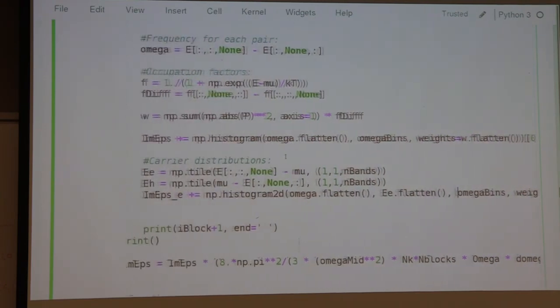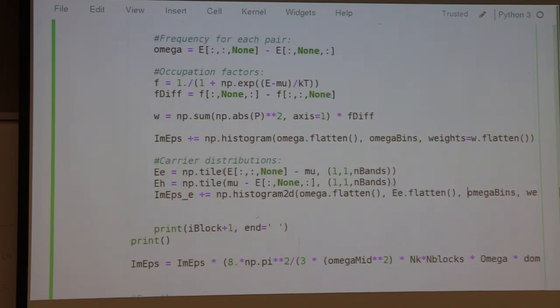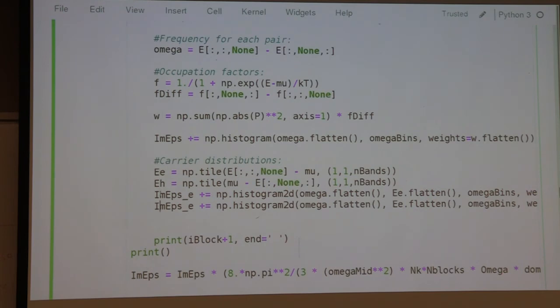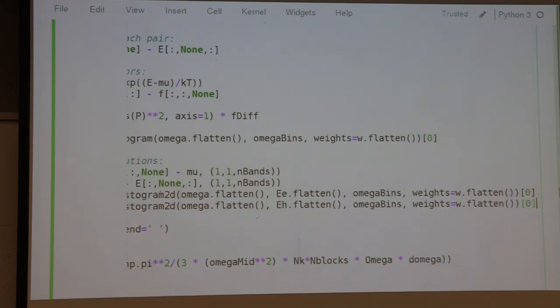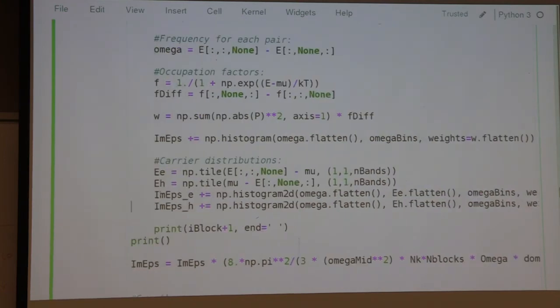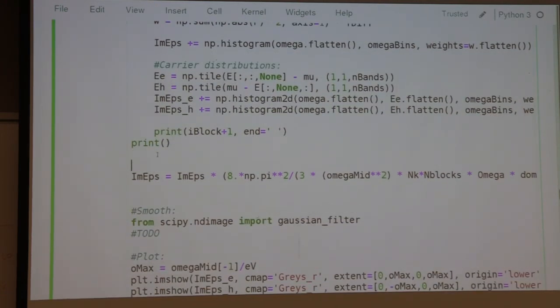So the event weights are the same, it's just that I'm histogramming by one additional quantity. And I can do the same thing now for the holes. Okay, and then I'll have to do the same normalization factors here. So let me copy this over.